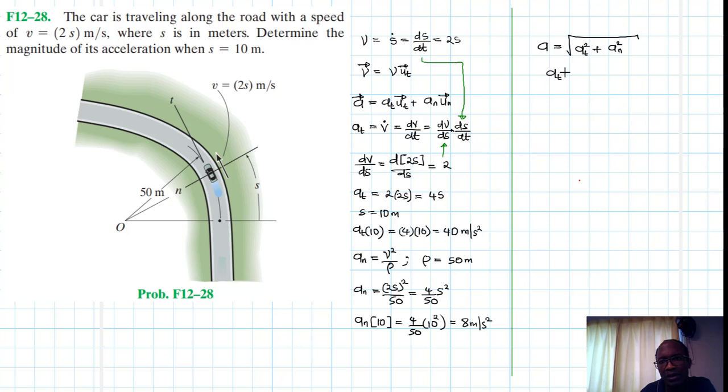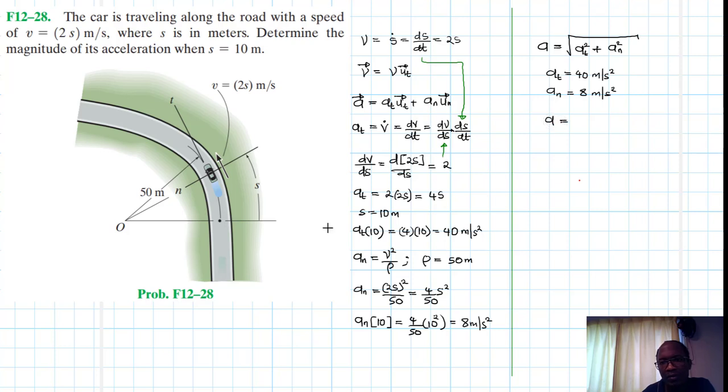And our a_t we said is equal to 40 meters per second squared, and our a_n is just equal to 8 meters per second squared.